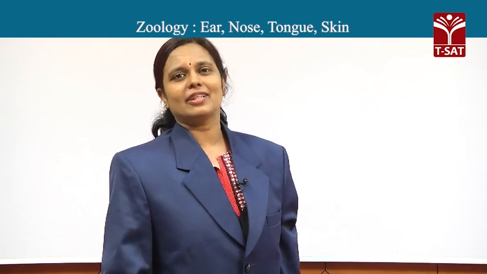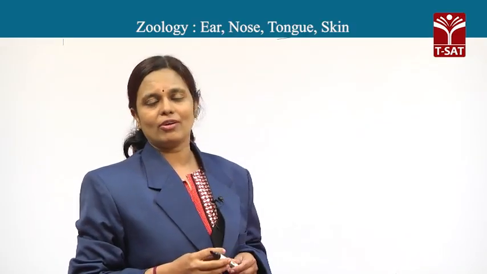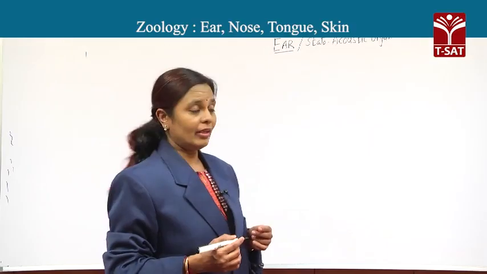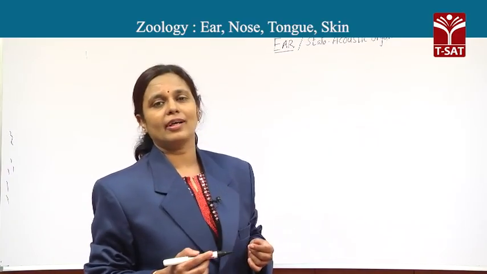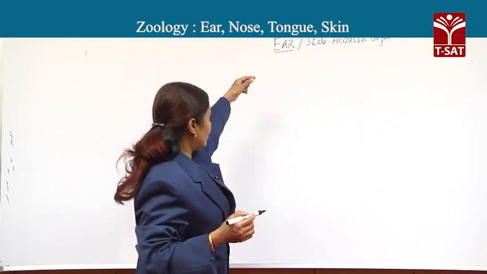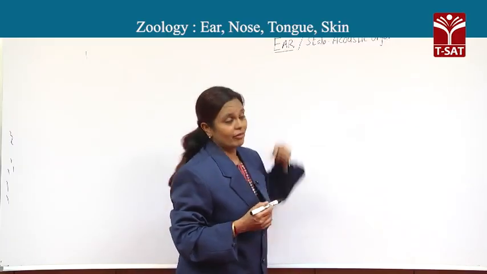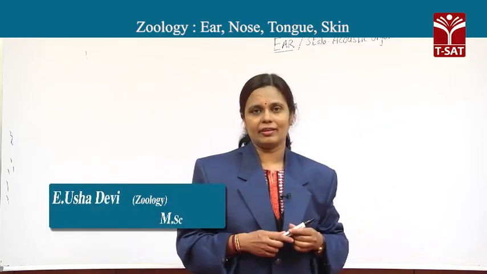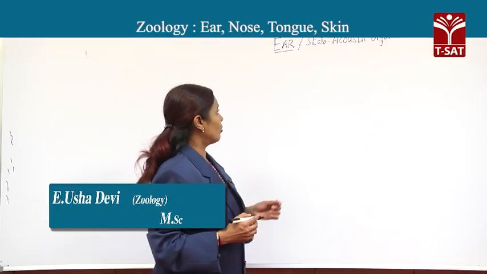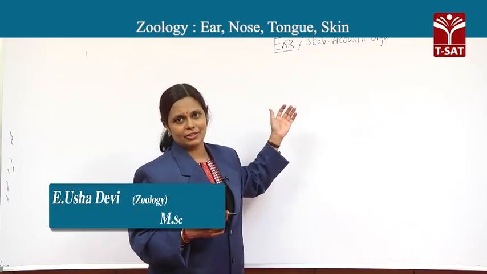Let us learn about the structure and working of the ear, the other sense organ of human beings, otherwise called the statoacoustic organ. Why is the ear also called the statoacoustic organ? Because the ear, despite performing the function of hearing or auditory function, also plays a key role in body balance.